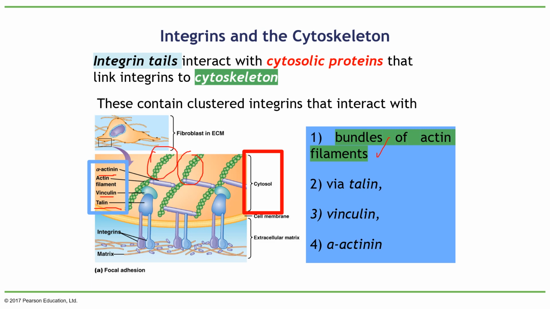Do you need to memorize all these components? No, but you will hear about them in the video lecture, so that you know this is a multiple protein complex. If one of these, like talin, is not working, it will send the wrong signals.